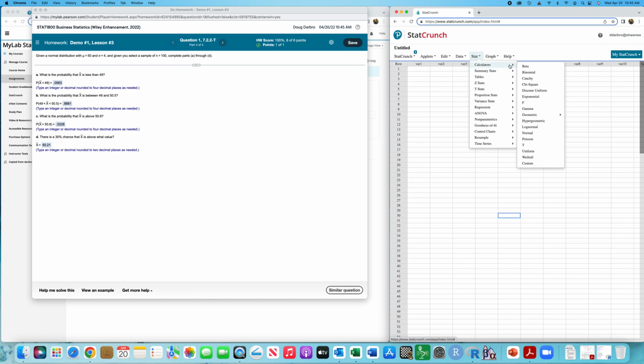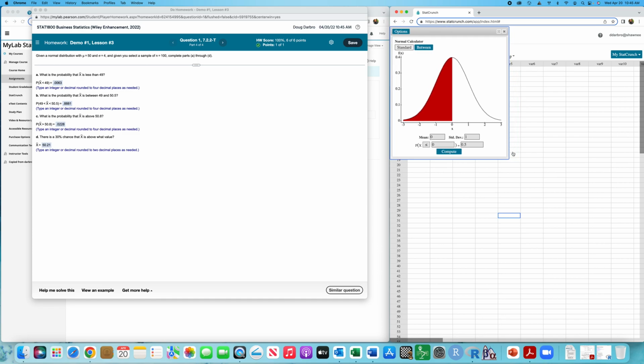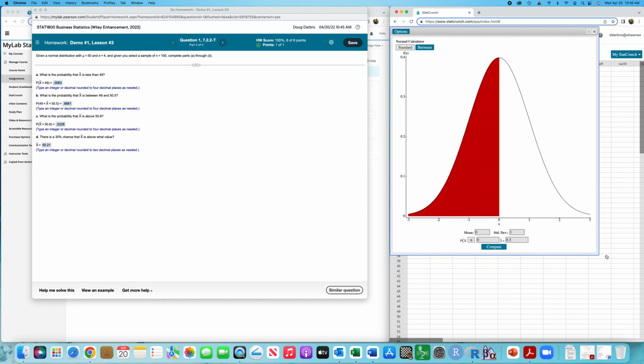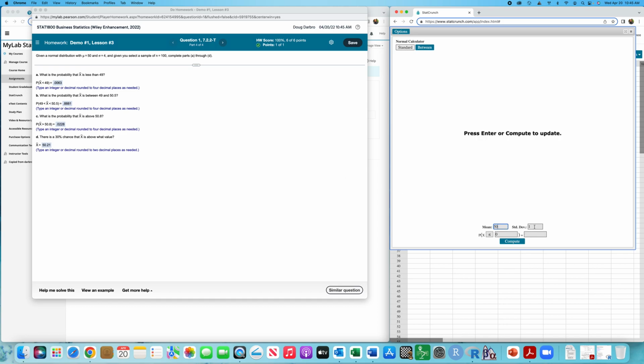But nevertheless, we go to normal. Let me make this larger where you can see it, or maybe I can see it. All right, so mean 50. Let's insert this. Standard deviation is 4 divided by the square root of the sample size, which is 100.